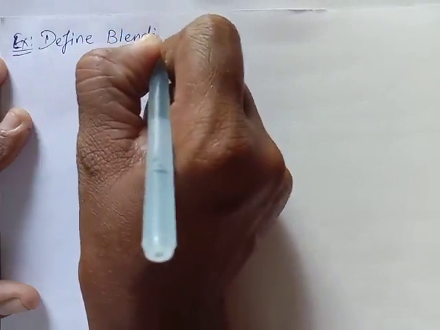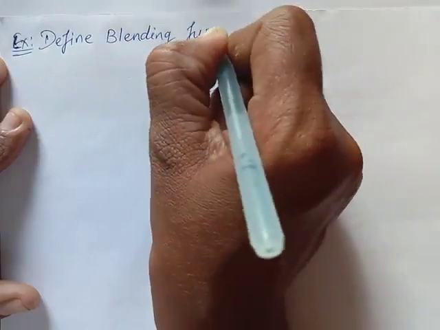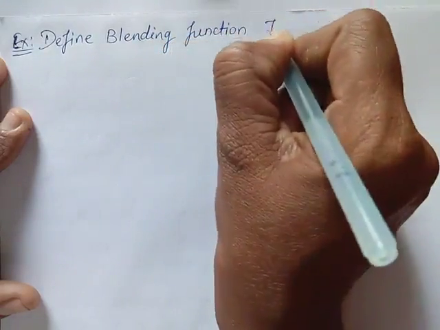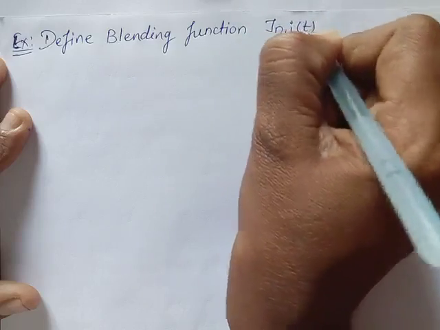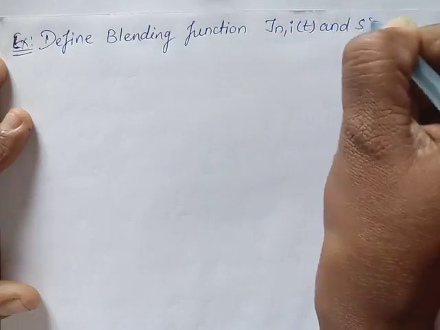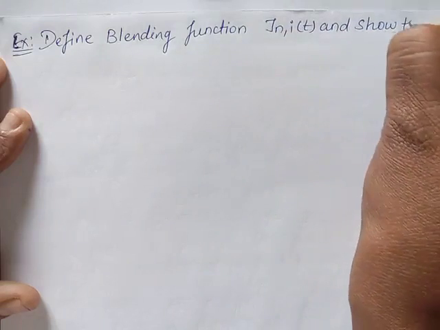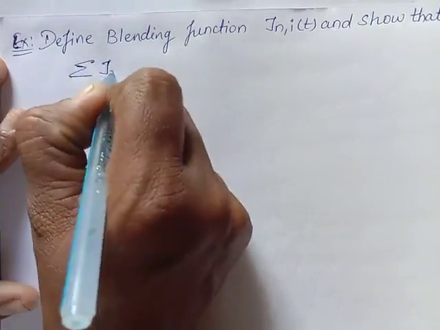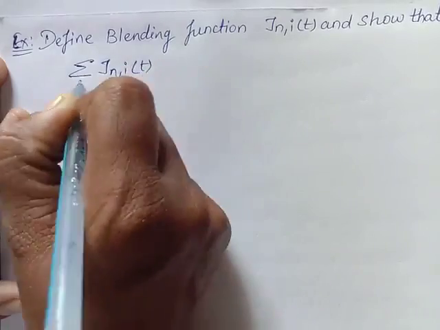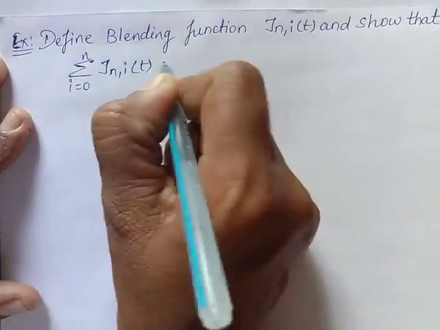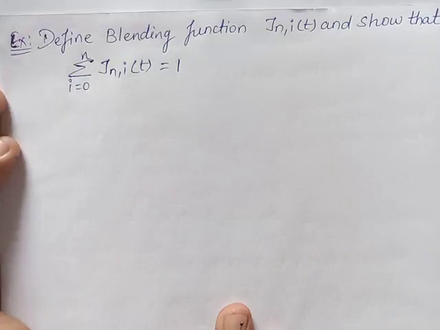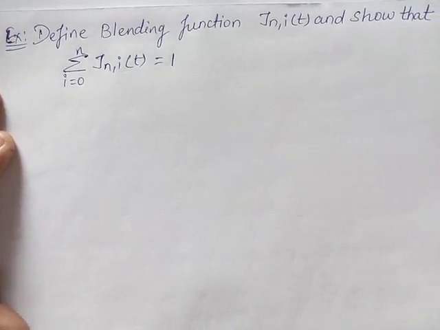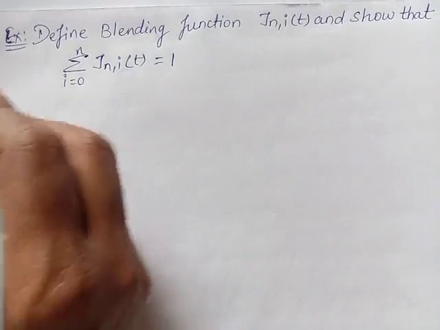Example says, define blending function Jni of t and show that summation Jni of t, I goes from 0 to n is what? 1. Sum of all blending function should be what? 1. That is, sum of all Bezier's basis function is also 1. That is our last property.